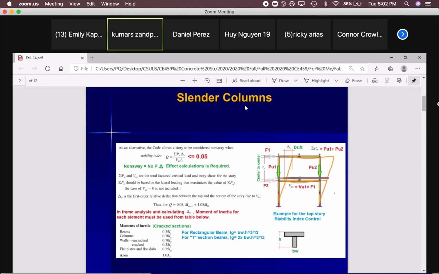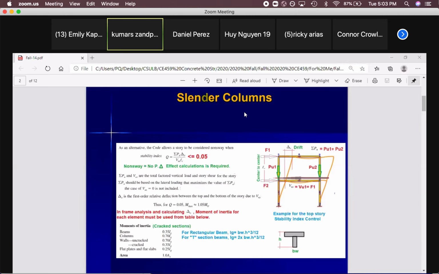So if in future somebody asks you in one of these exams about two columns with the same size, and the rebar, everything is the same, and one of them is slender, another is not, which one can carry more load? With no doubt, the one that is a short column. So it's obvious, and hopefully it's not that big a problem.